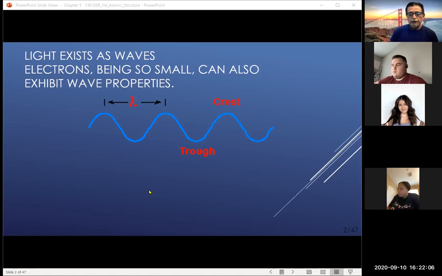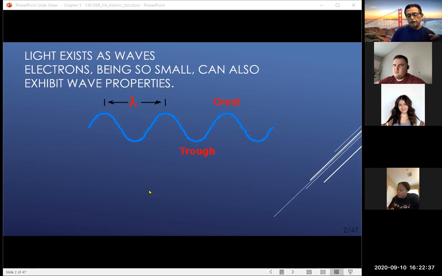Now, if we could mark a spot, let's say on top of the hill, and then go to the next hill, or the crest as it's called on your diagram, that is the distance that we can actually calculate. And that distance we call wavelength. You may have heard the term wavelength somewhere, like when you're using sunblock, you talk about the certain wavelengths of UV light that it is blocking. So that is the wavelength.